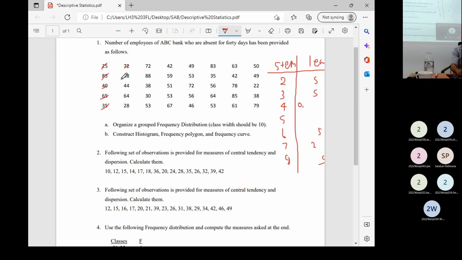Then 58 in this row. 44, after 0, write 44. Then 64, in this row before 5. Then 28, in this row after 5, write 8. Likewise, you can cut all of them. Clear?